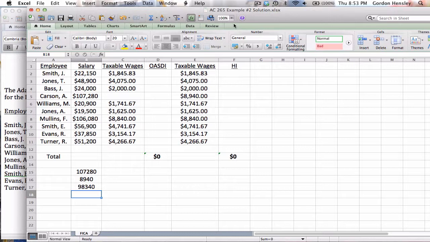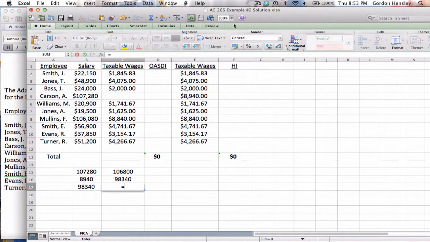So what I want to know is how much more can they make before they hit that OASDI cap. So the cap is $106,800. So I will have that, and then I'll have the $98,340, and I'll take that cap and deduct what they've made so far this year.